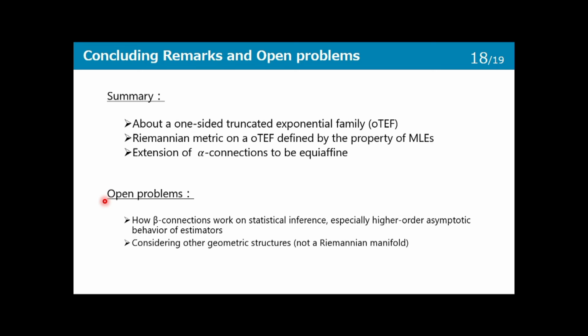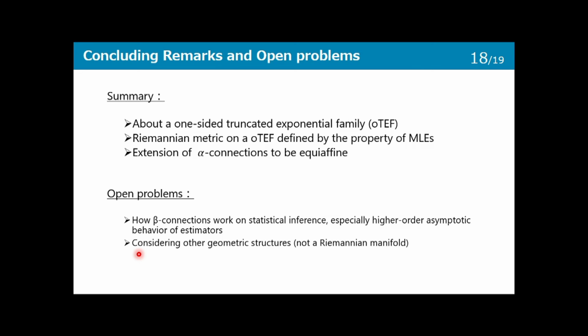At the end of my presentation, I propose two open problems. First problem is about the relationship with statistical theory. In regular models, alpha connections are related to the higher order asymptotic theory. How about our beta connections?